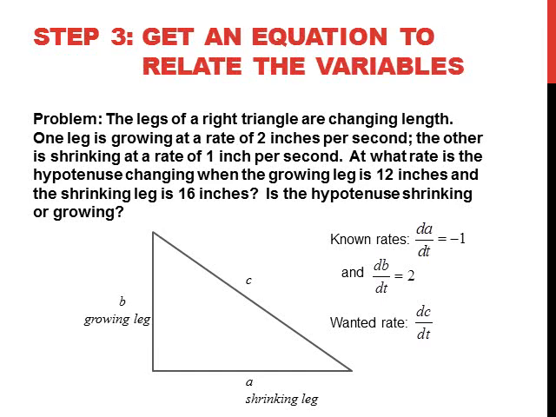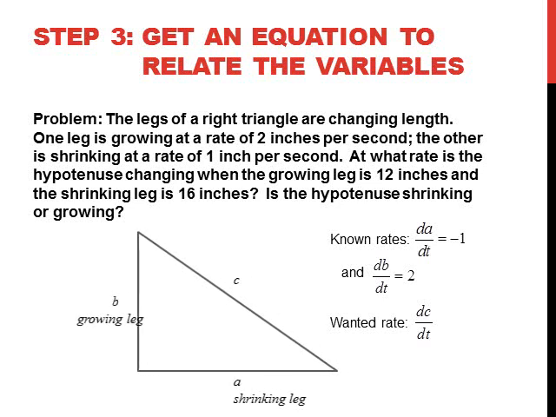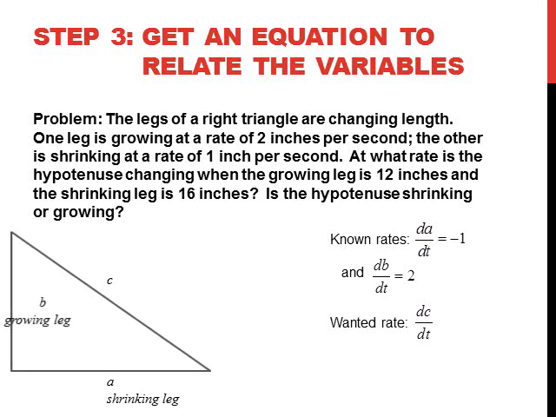The next step is to get an equation to relate the variables. One of the things you'll find when you're working these problems is that you need a fair amount of room to take care of all the work that goes on in all the many steps. So I'm going to just move this diagram over for a second. And when we talk about relating the variables, the specific variables are those that are mentioned in the known and unknown rates.